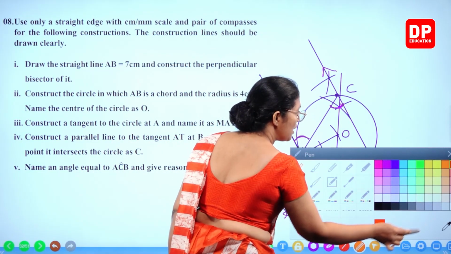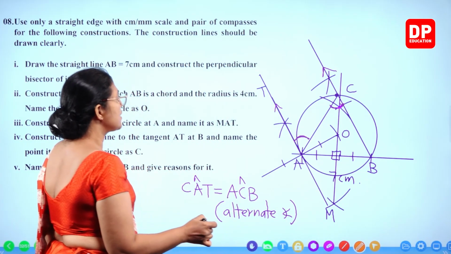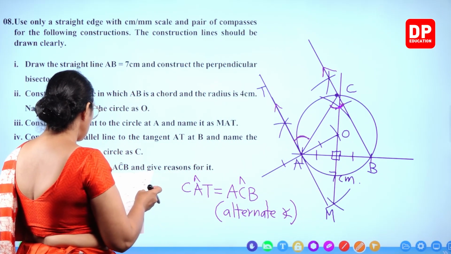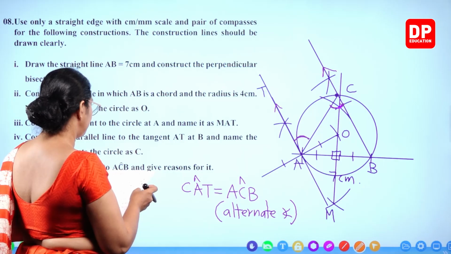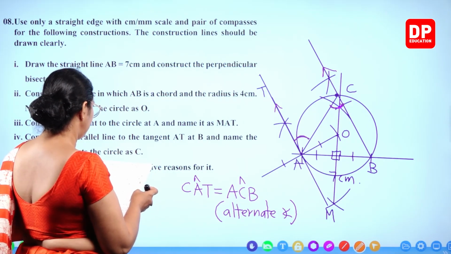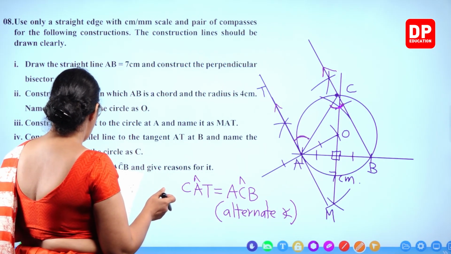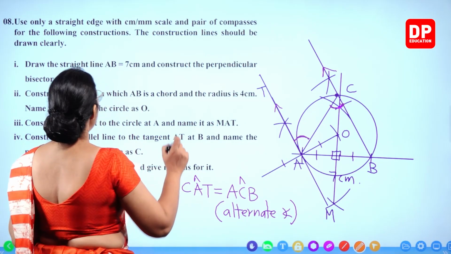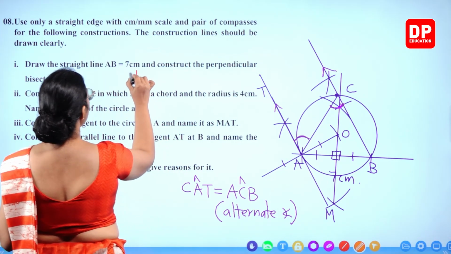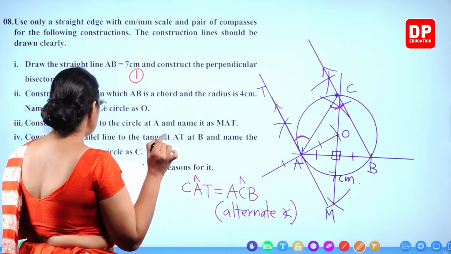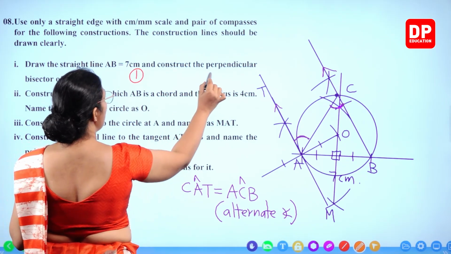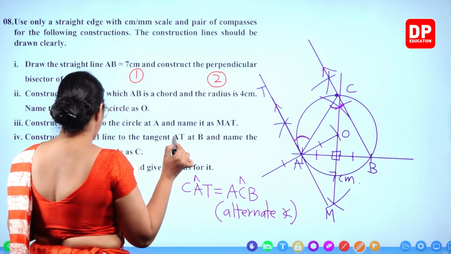Now let's see how many marks for each part. So you are getting 1 mark for the AB line segment, and then 2 marks for the perpendicular bisector.